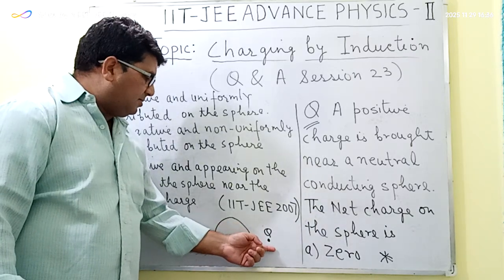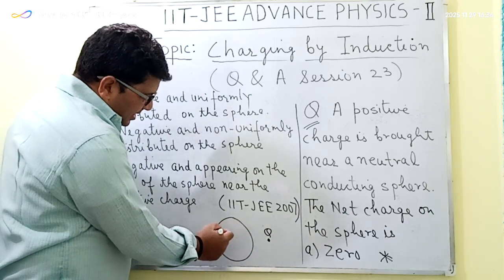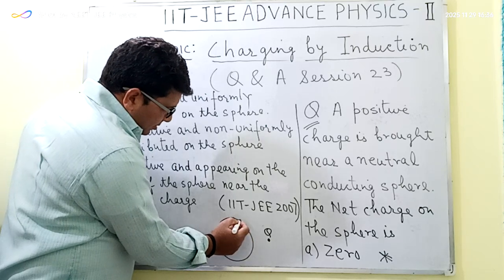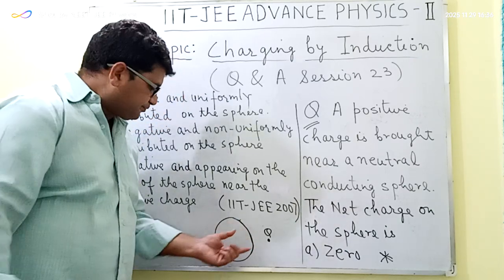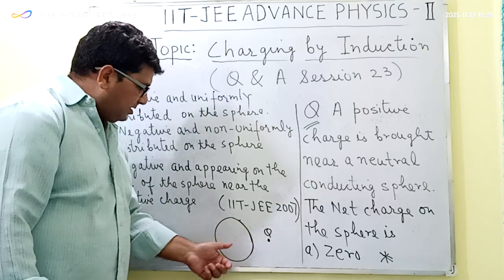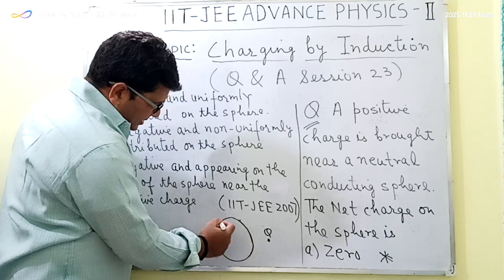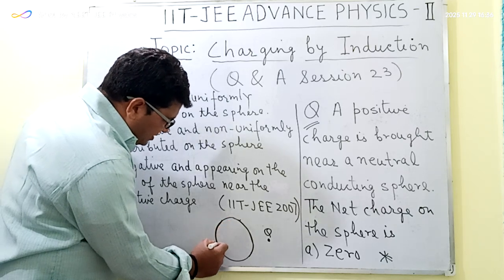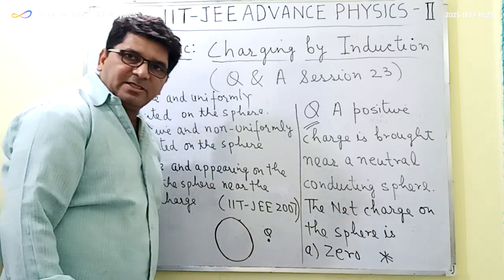So by the process of induction, the free electrons will start accumulating on this side of the sphere, because this is a positive charge, and because of that this side will become negatively charged and the other side of the sphere, which is away from the positive charge, will become positively charged.